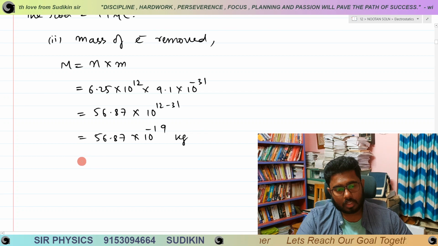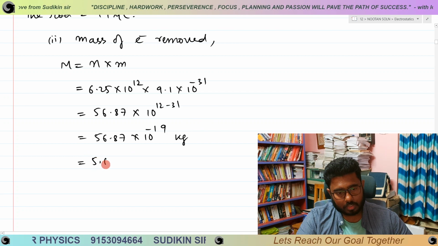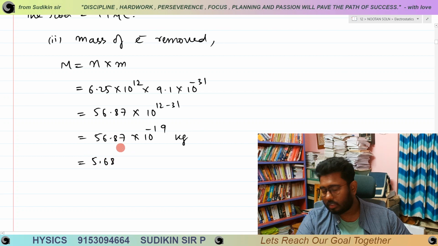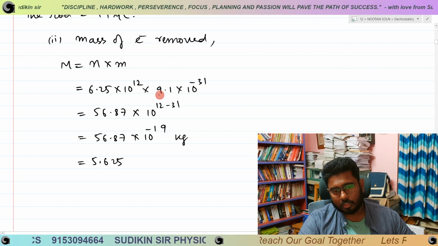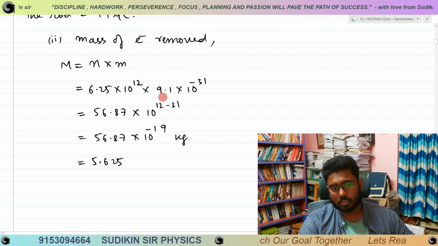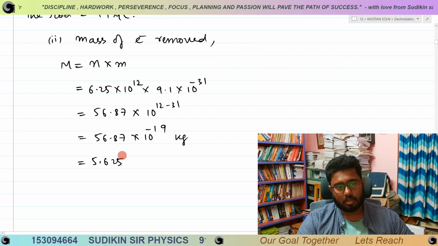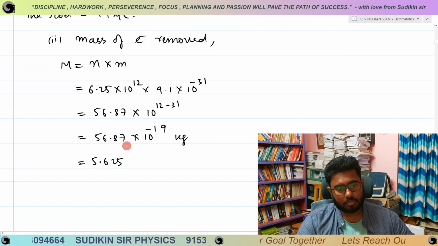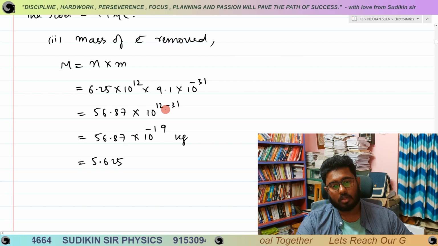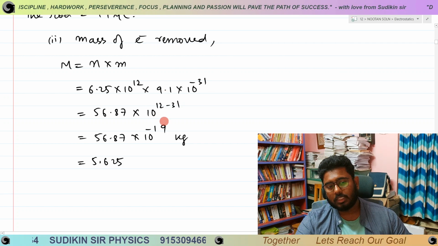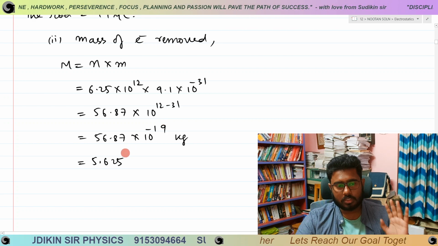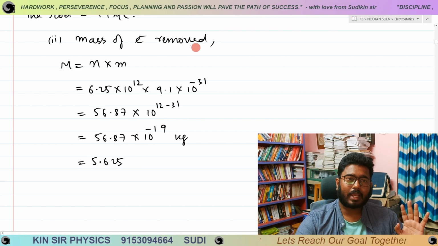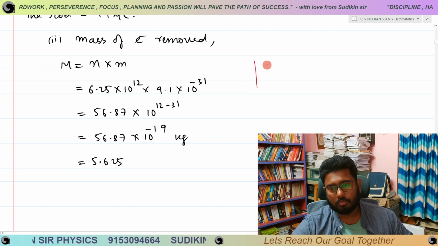Okay, they have given the answer in this way, that is 5.625. That is possible only when you take this as 10, otherwise it is not possible. Okay, see, this much error is not a big thing.